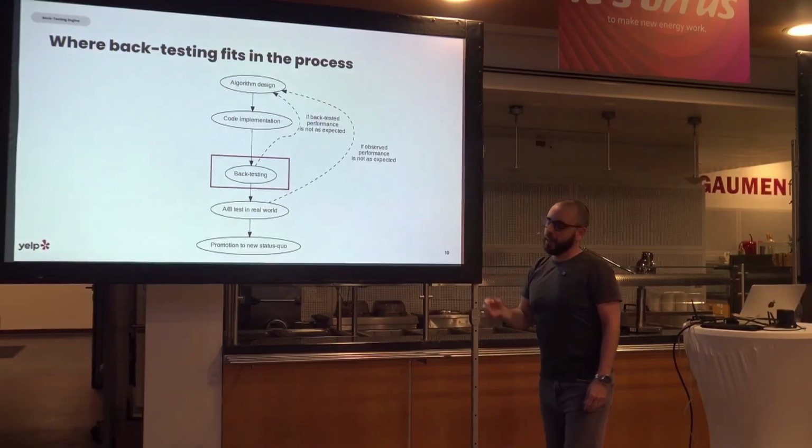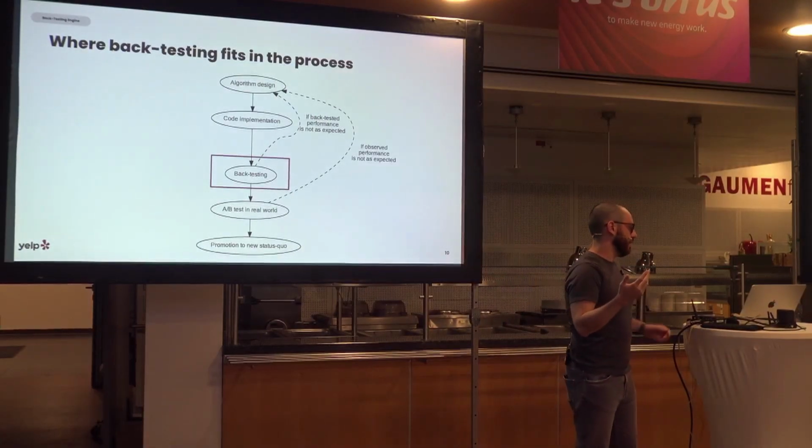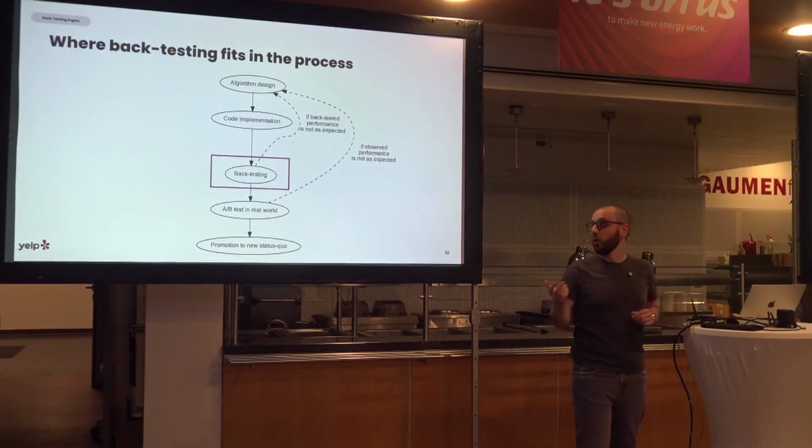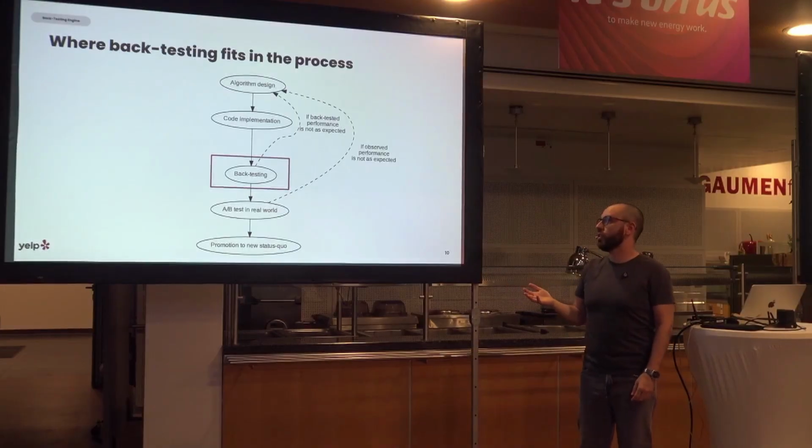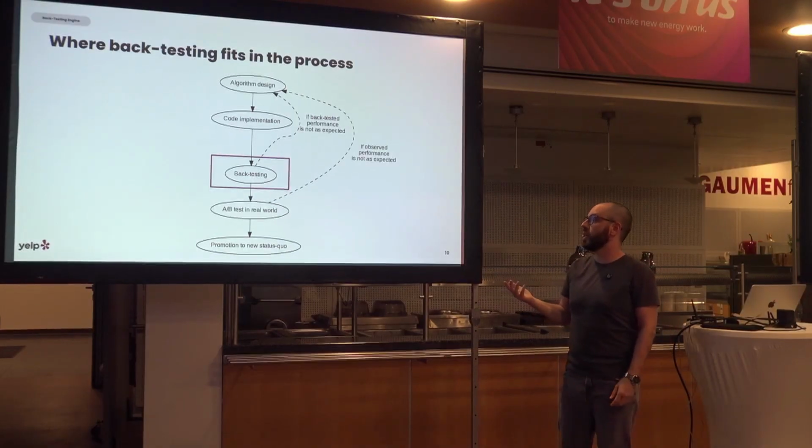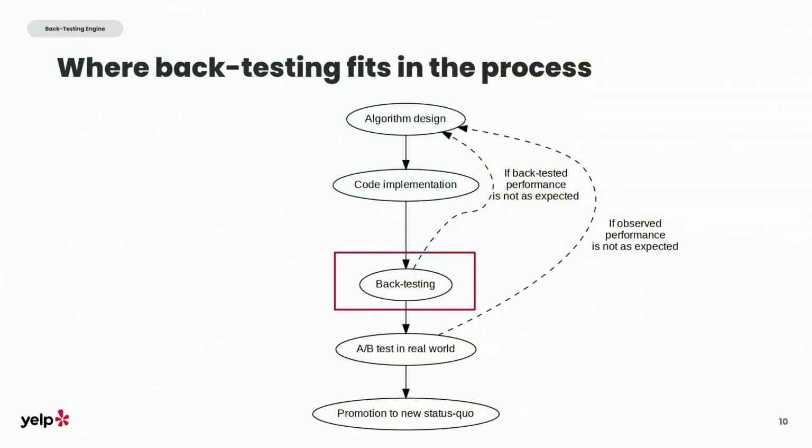It's very scalable because you can backtest pretty much anything, and it's not expensive at all. You can backtest hundreds of alternatives, and at that point you can be confident enough that the thing you are going to test is actually good.